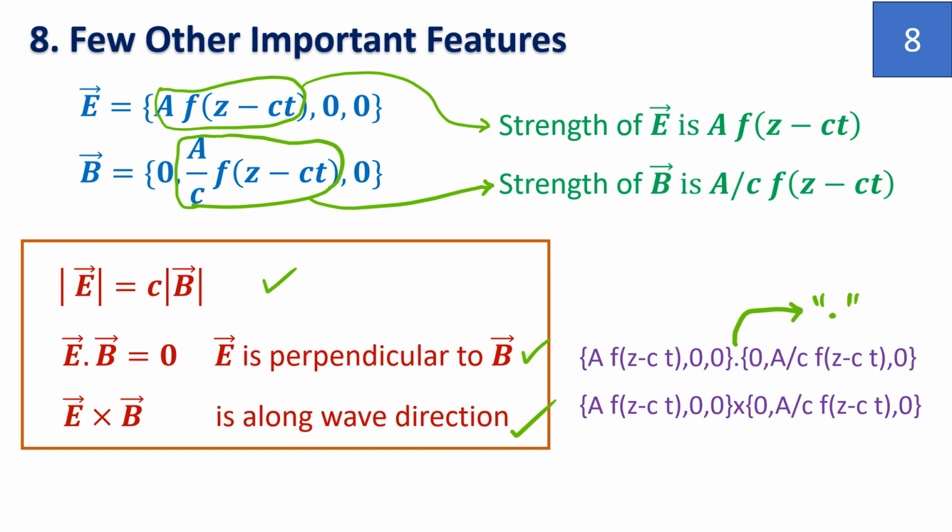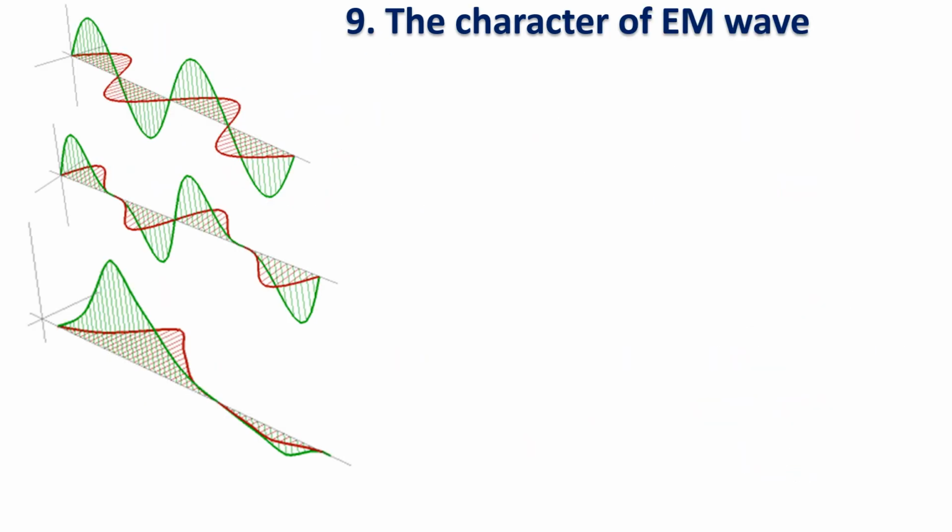Here we have the English letter X. You can do it yourself and see that you will have a positive value in the z-axis, which means the wave is moving in the positive z direction. Glad we have finished all there is to develop the character of the electromagnetic wave. Let's go to the next slide.